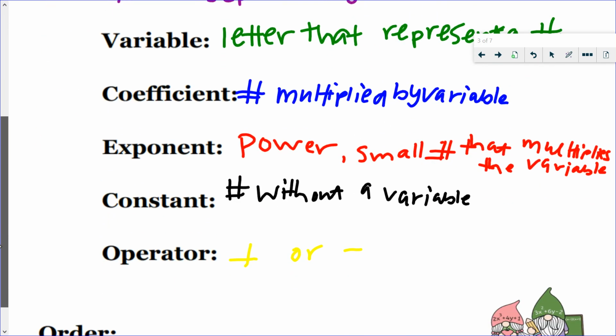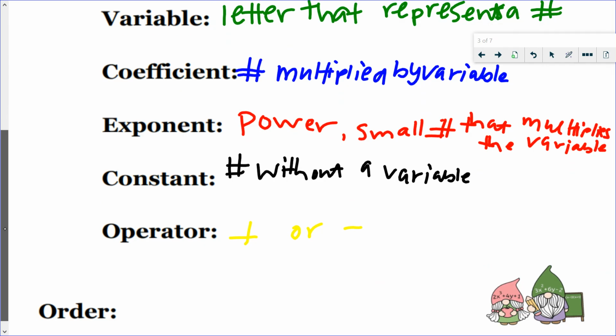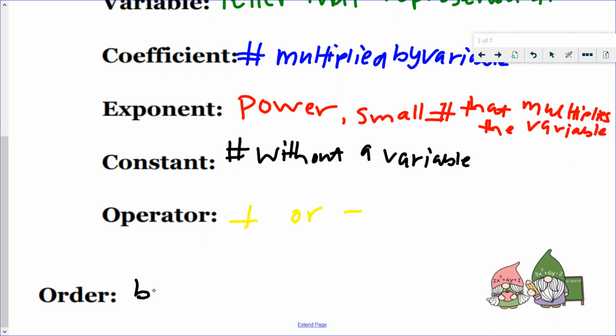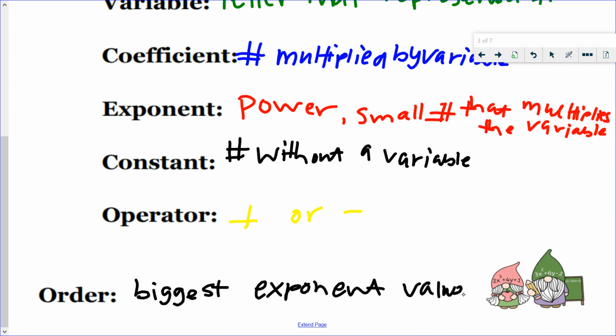So the order is the biggest exponent value, and it tells us essentially what kind of polynomial it is. If the biggest exponent value is a 6, then it's called a 6th order polynomial. If the biggest one is a 5, it's a 5th order polynomial.